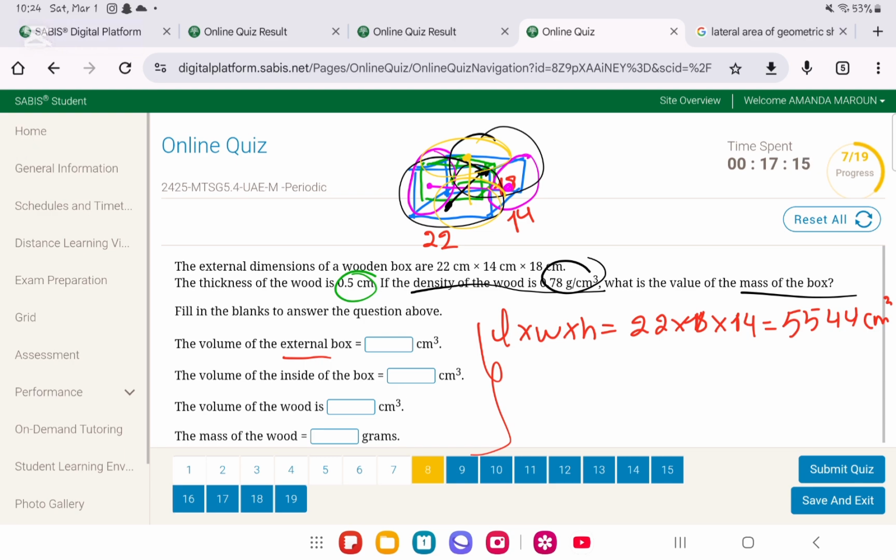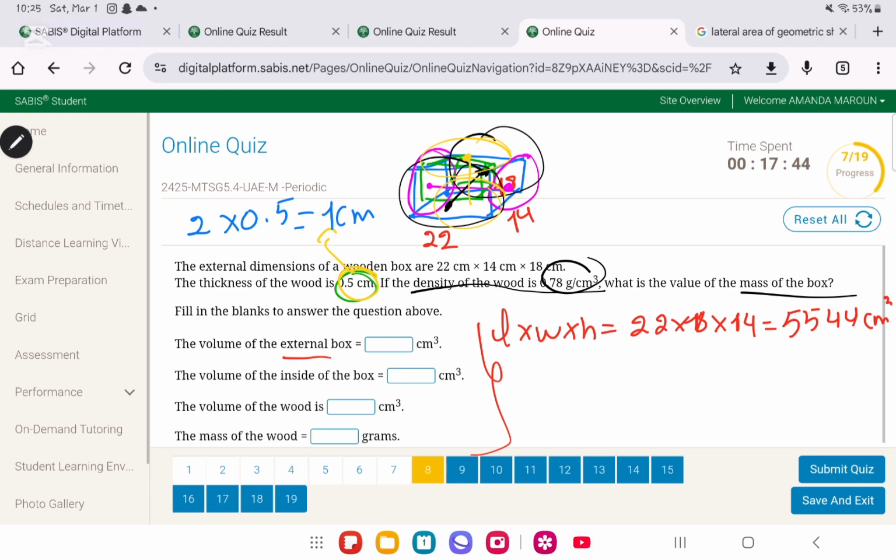So what's going to happen is that the thickness of the wood, 0.5 centimeters, is not going to remove just 0.5 centimeters. It is in fact going to remove 2 times 0.5 centimeters, because on each face there is another one on the opposite side. So it will make it 2 times the thickness of the wood, which is 1 centimeter, being removed.